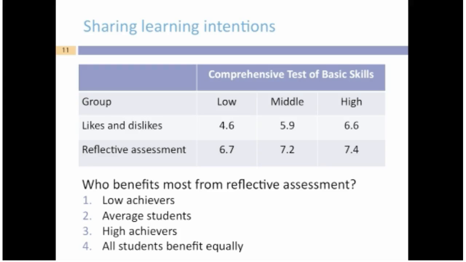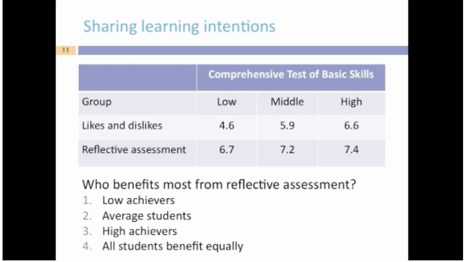So if you look at the scores, you will see that the highest achievers scored 6.6 on their 7 projects in the control group and 7.4, 0.8 levels higher in the reflective assessment group. So they benefited. But the size of the benefit was much greater for the lowest achieving students. There, the benefit was over 2.1 levels. And this underlies a very important feature of effective formative assessment.